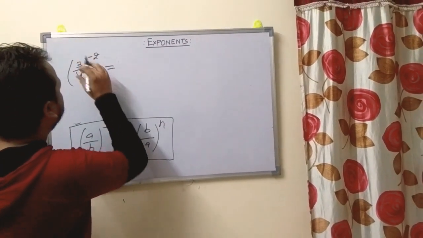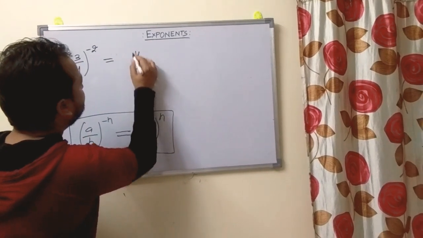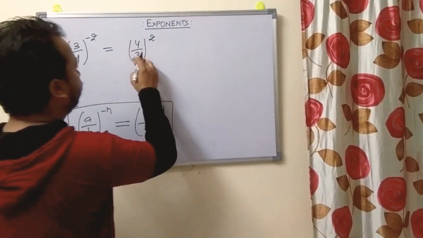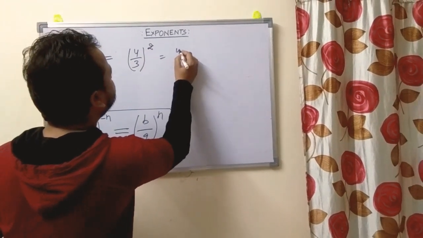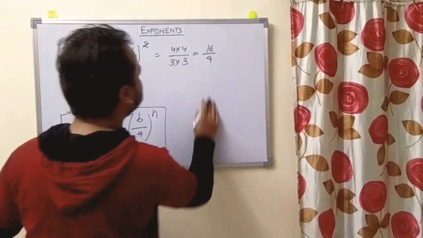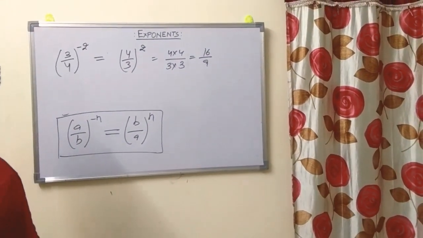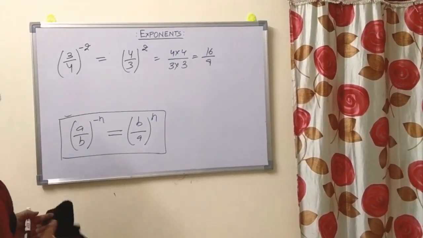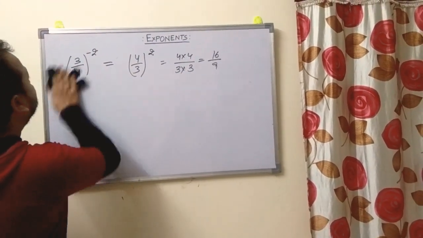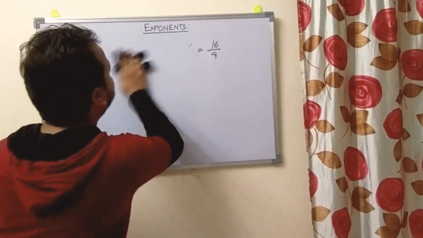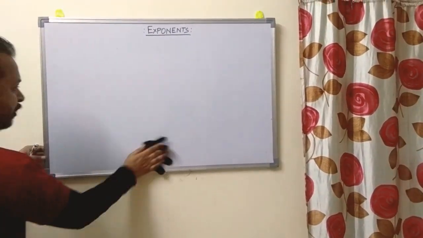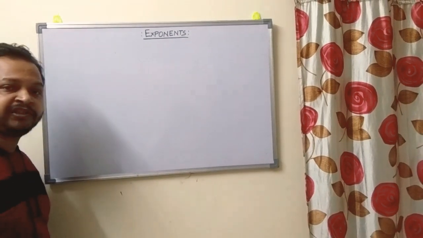So take the reciprocal of 3 by 4, 4 by 3, and write the positive power. (4 by 3) power 2, and solve it. 4 multiplied by 4 is 16, and 3 multiplied by 3 is 9. Right? So there are some formulas which you are going to use to solve the questions in this chapter.